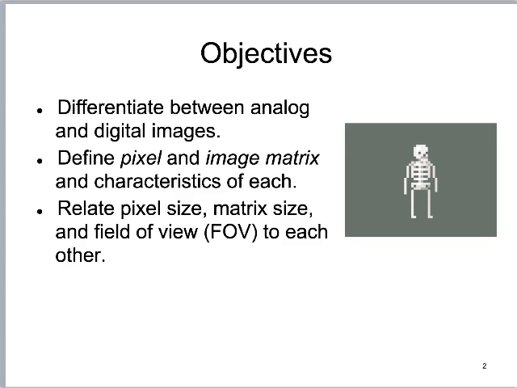Mostly what we're working with is going to be digital data, not analog data, and why that distinction exists. Then we'll talk about pixels and image matrix and how those characteristics work together to form the spatial resolution of the image. And then we'll talk about pixel size, matrix size, field of view, and how they relate to each other.